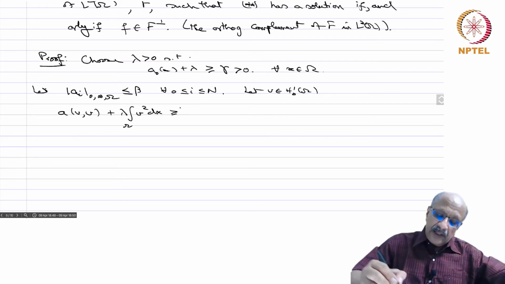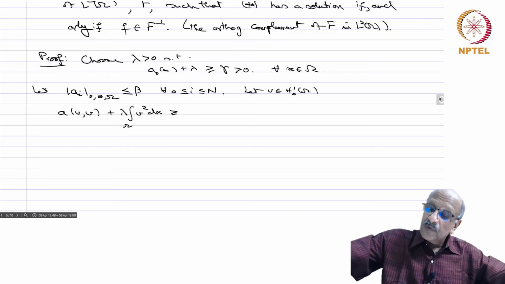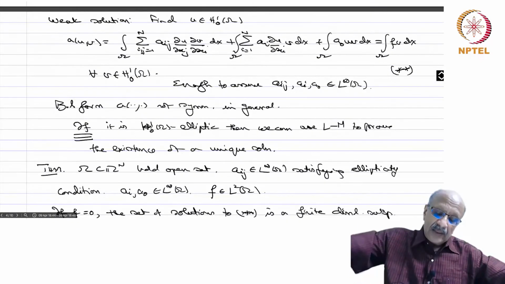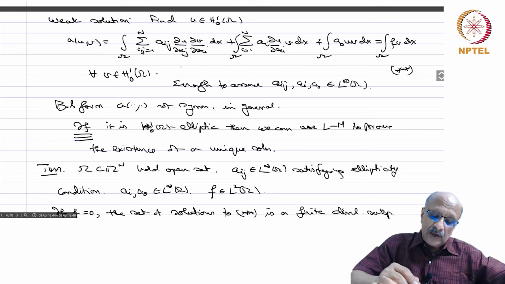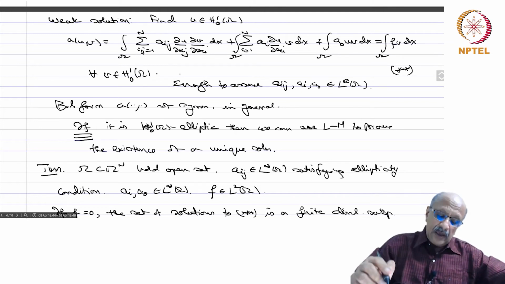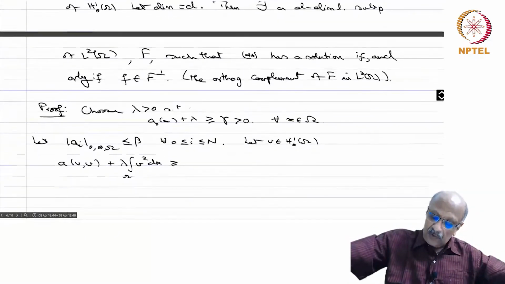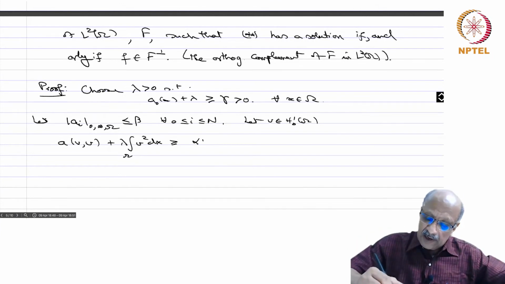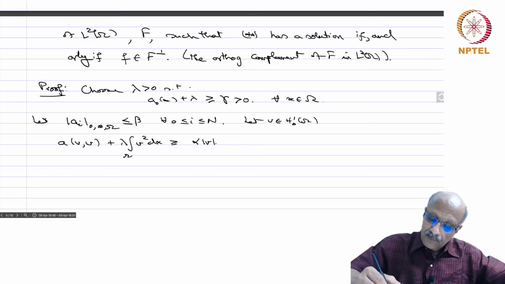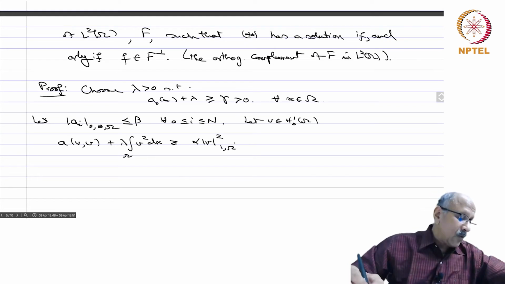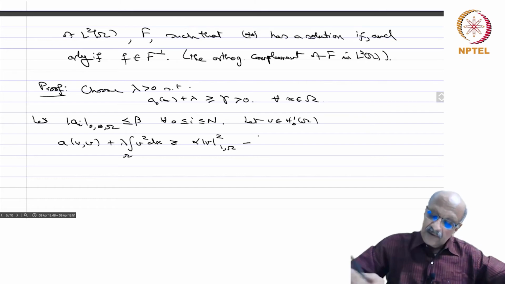Now because of the ellipticity, if you look at this expression here, a(v,v), the first term will be the sum over ij of aij dv by dxj dv by dxi, and that is greater or equal to alpha times the sum of dv by dxi squared, so alpha times the H1 norm squared of v on omega, and then minus.